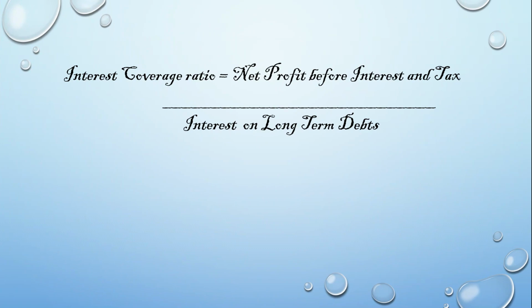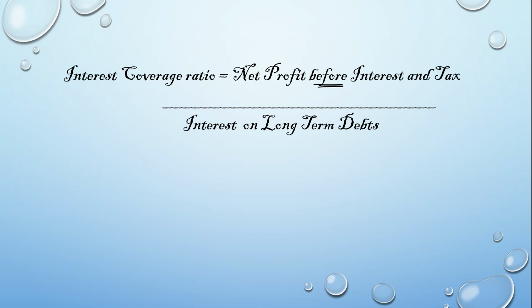First, we will learn the interest coverage ratio formula. The formula here is net profit before interest and tax divided by interest on long-term debt. So if you remember from the data, what was the net profit given? It was net profit after tax. Means from this net profit, interest has been subtracted and tax also has been subtracted, and that amount is net profit after tax which has been given in the question.